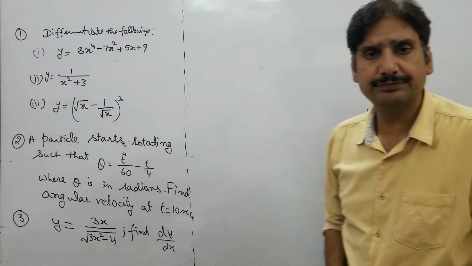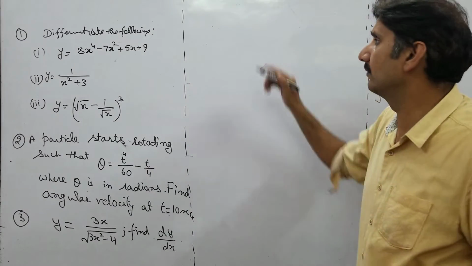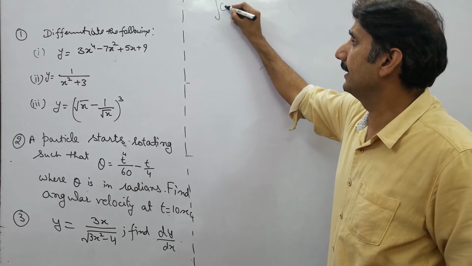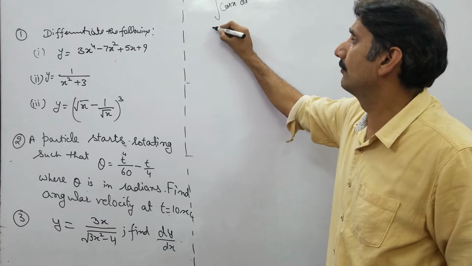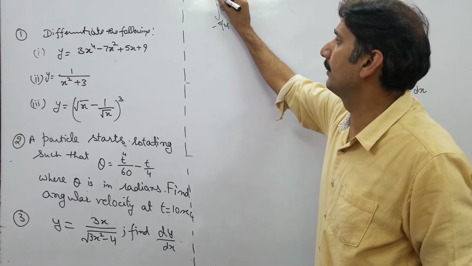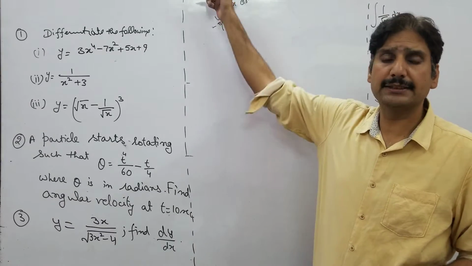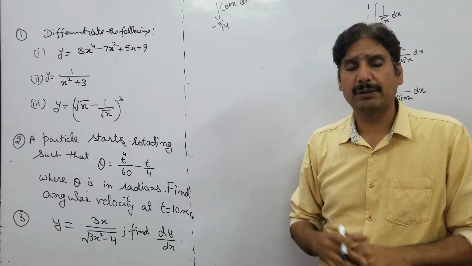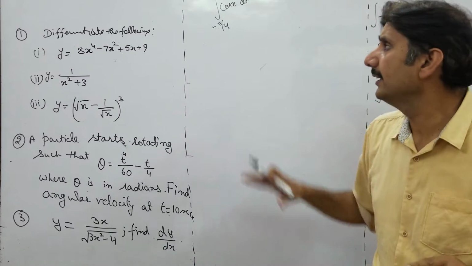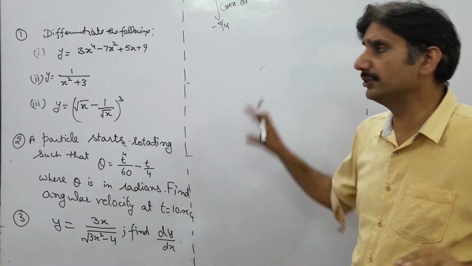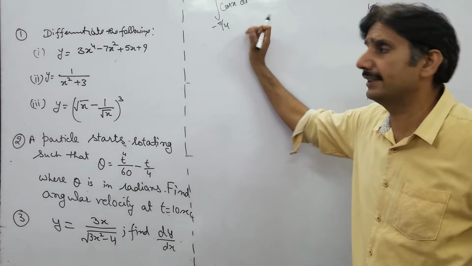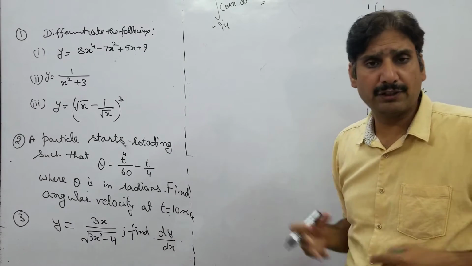The question on definite integral would be something like this. Integrate cos x dx from minus pi by 4 to plus pi by 4. This is called the lower limit, this is called the upper limit. But to start with, you need not worry about the limits at all. You need to take it as a question on integration and solve it with the formulas known to you.